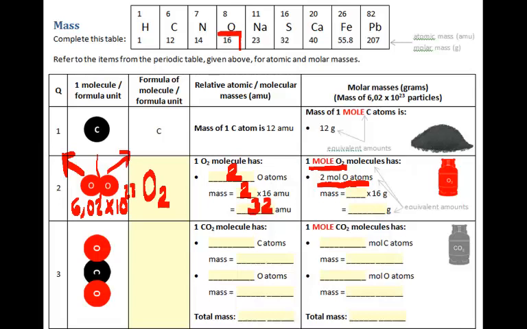Then we would have 2 piles. And how many O atoms would be in each pile? It would still be this number, 6,02 times 10 to the power 23 in each pile.